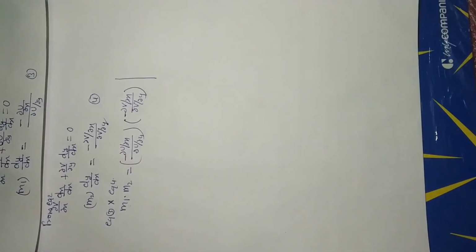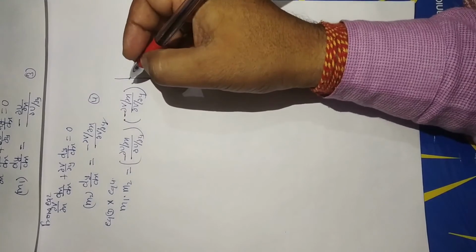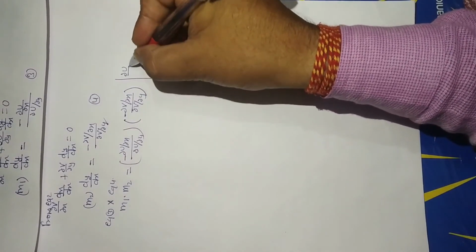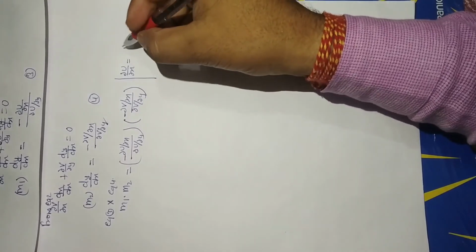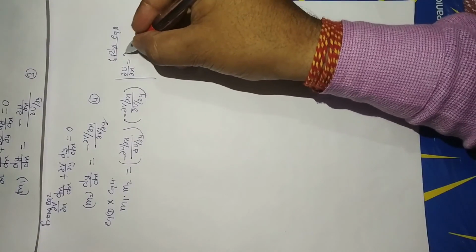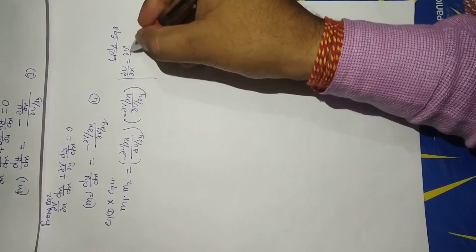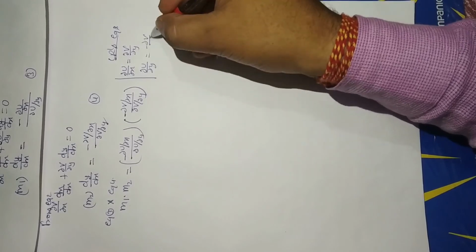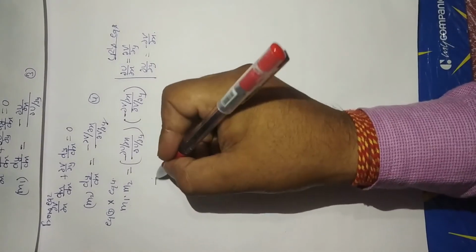But this is the part of an analytic function, so it satisfies the CR equation, where del u upon del x is equal to del v upon del y, and del u upon del y equal to minus del v upon del x.